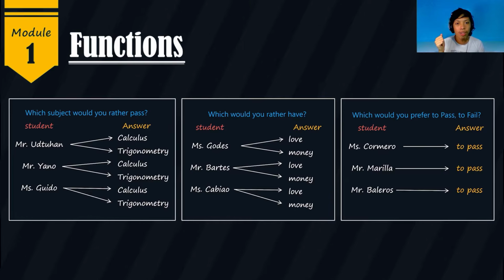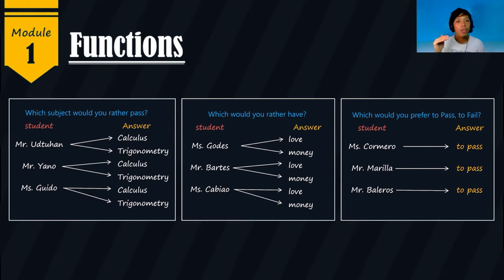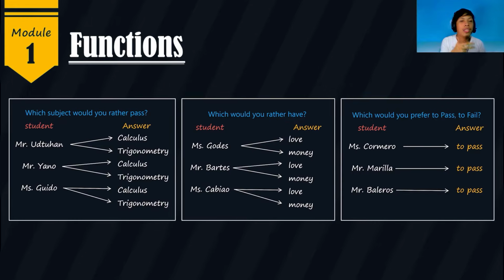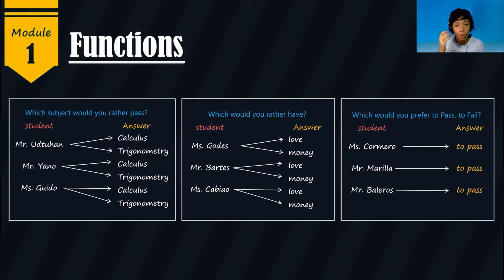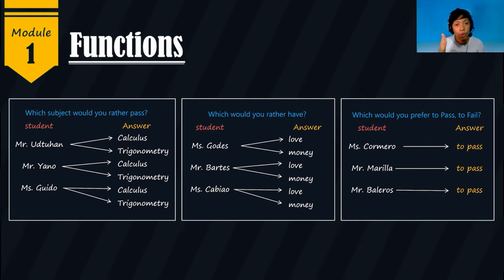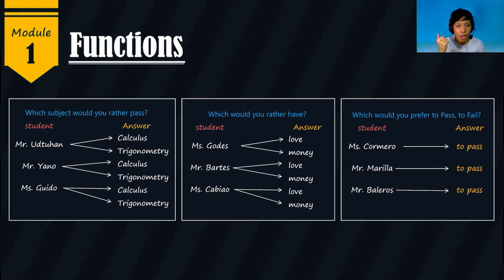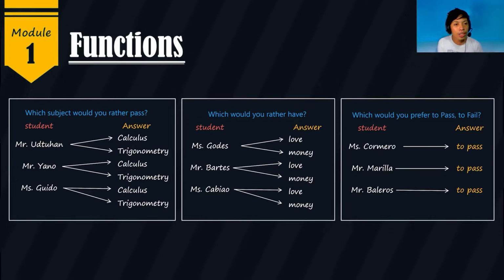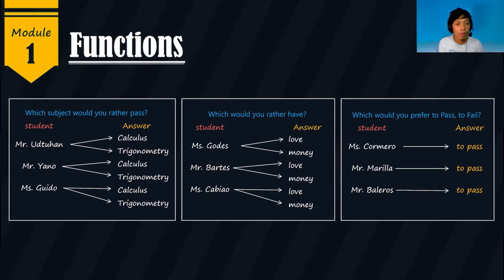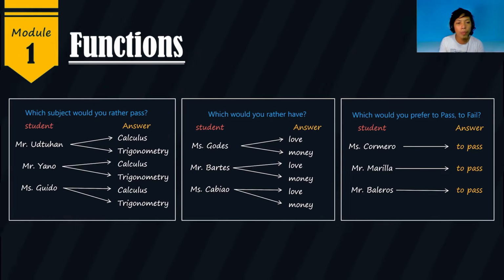The same with the second table, because each element on the first column corresponds to more than one element on the second column. Miss Goodies would rather have love and money. The same with Mr. Bartes and Miss Cabiao. On the third table, on the other hand, you can see that each element on the first column corresponds only to a single element on the second column.